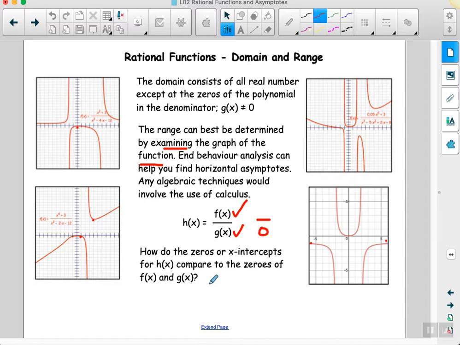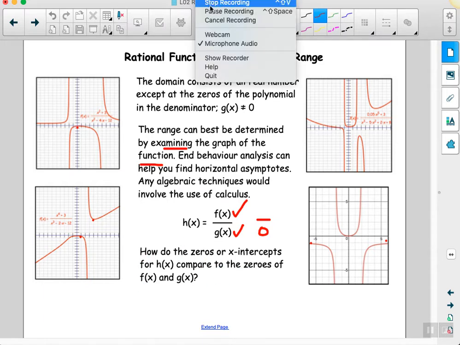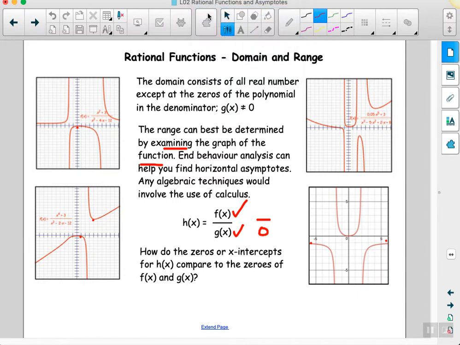All right, a question I want you to think about now is how would the zeros for h at x compare to the zeros of f at x and g at x? I'm going to pause just to give you some time to think about that. Alright, so if we want h at x to be 0, h at x is defined to be f at x over g at x.